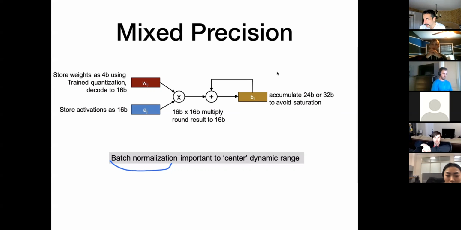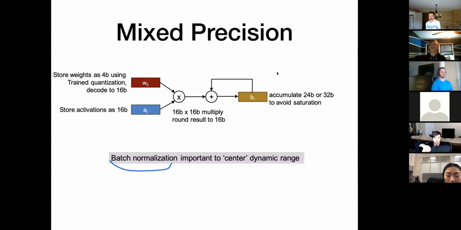Basically, each example provides different activations. For one example, the activation might go from minus something to plus something, these individual numbers. For another example, this would be totally different. So you have totally different ranges for each of these activations.